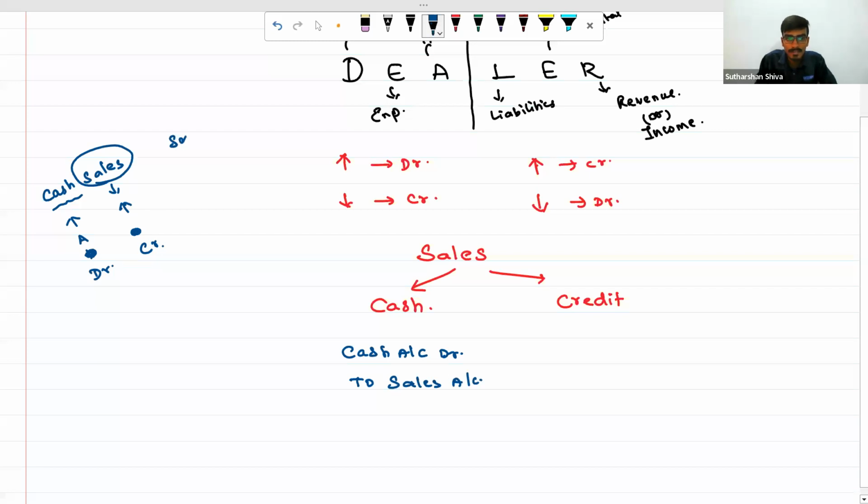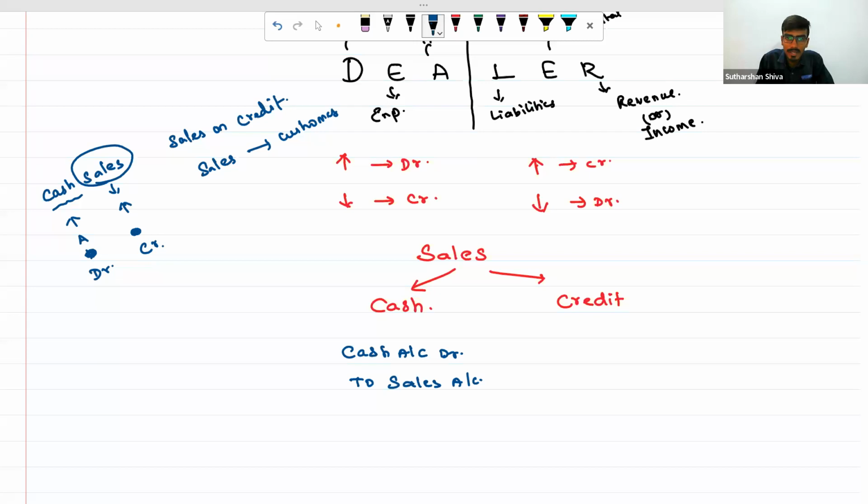Same in the case of sales on credit. It is a credit activity. Sales on credit: there is a transaction where the sale is made to the customer.